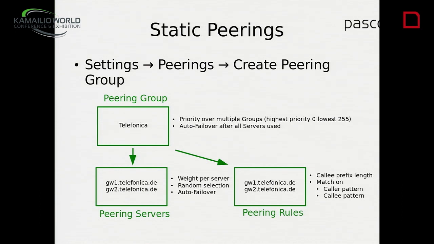So basically it's a random selection. And of course, if the first selection fails, there is an auto failover to the other peering server inside the peering group, until the peering servers are finished. If everything fails, there is an auto failover to the next peering group with the lowest priority.